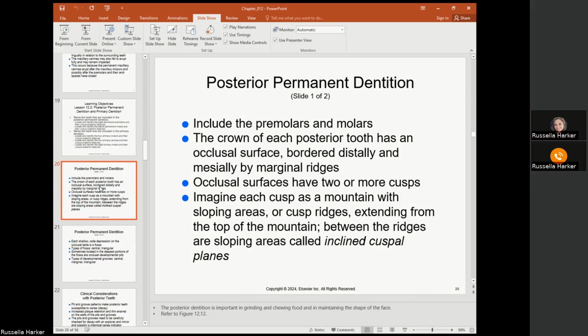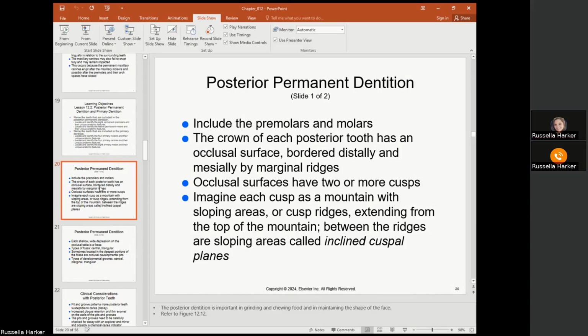The crown of the posterior tooth has an occlusal surface bordered distally and mesially by marginal ridges. On the occlusal surface, you will find 2 or more cusps. Those are the little mountain things that you see on the flat occlusal surfaces of the posterior teeth.